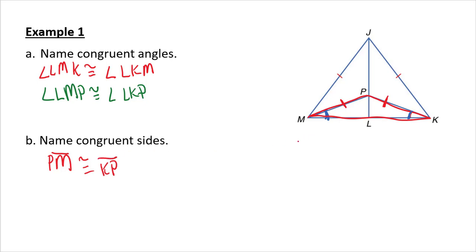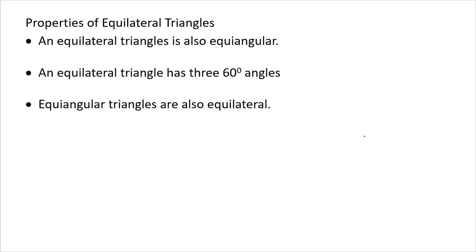And I don't think there are any other sides that we can say are congruent. I shouldn't mark those with 1. I'm going to mark those with 2. No, I don't think there's anything else that we can say are congruent by using this isosceles triangle theorem.